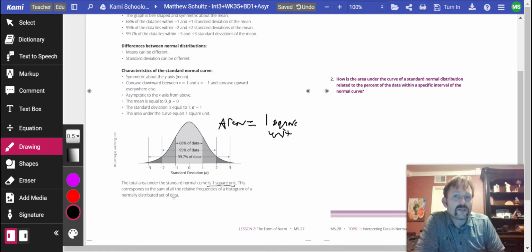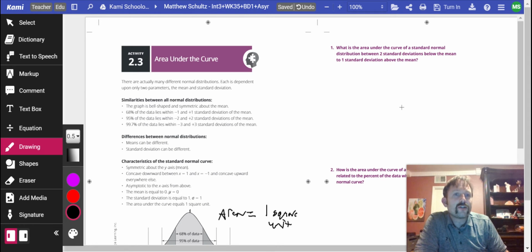This corresponds to the sum of all the relative frequencies of the histogram of a normally distributed set of data. So everything under here is 1 square unit. If I say, hey, how much is above it? That'd be 0.5 square units. How much below it? 0.5 square units.